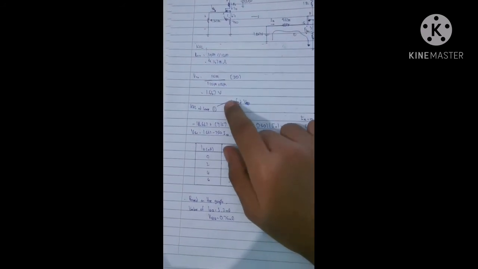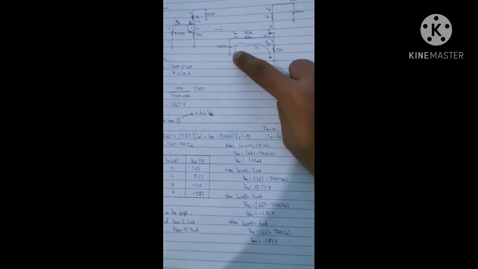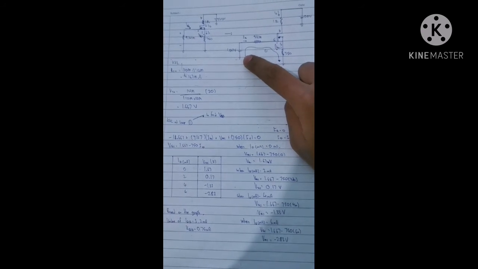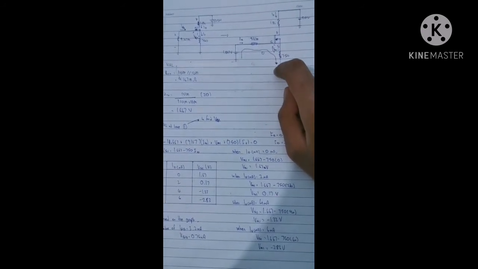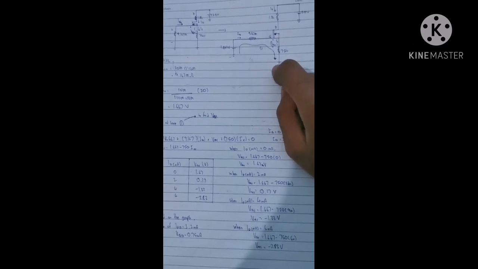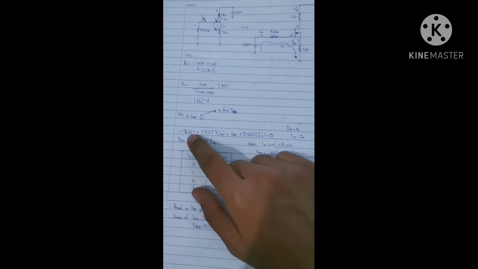After we obtain RTH and VTH, we can proceed with our KVL at loop 1, from the VTH until the ground at the source.